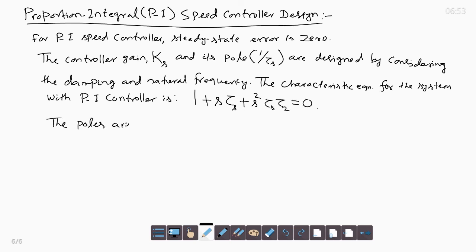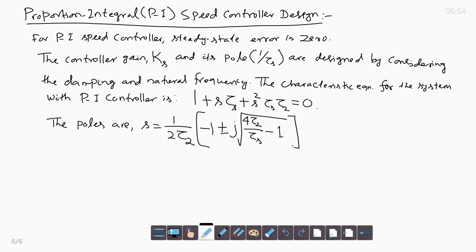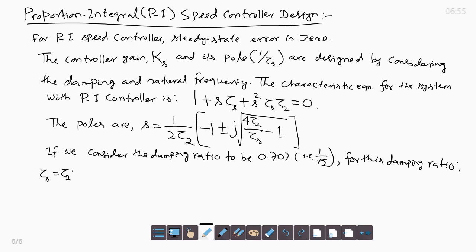The poles are S equals 1 by 2 tau 2 into minus 1 plus or minus j root over 4 tau 2 divided by tau S minus 1. These are the characteristic roots from the above characteristic equation. Let us take a typical damping ratio value of 0.707, which is 1 by root 2.